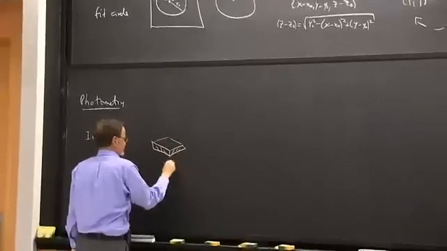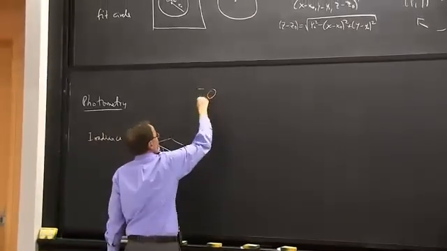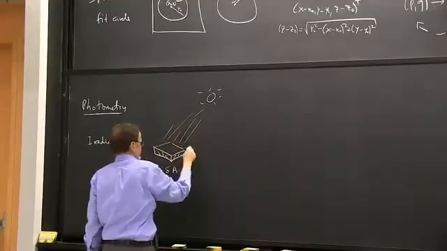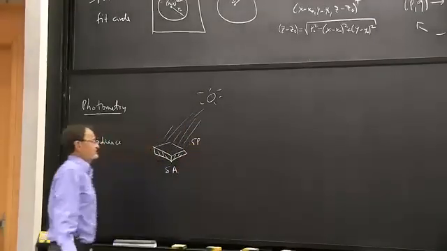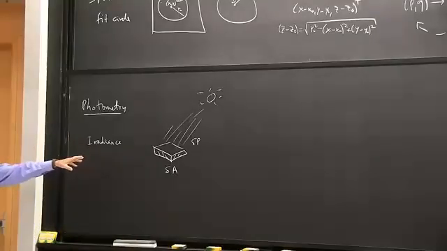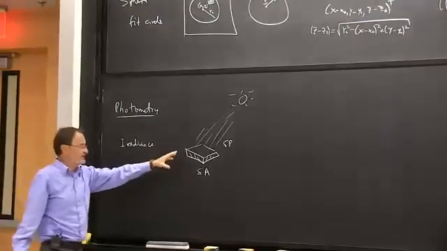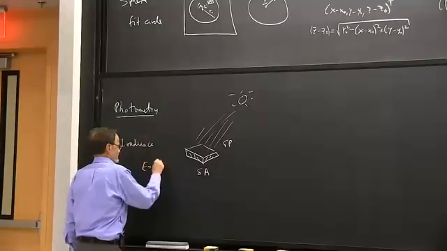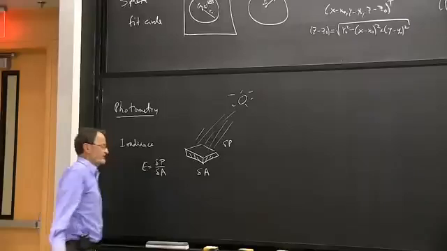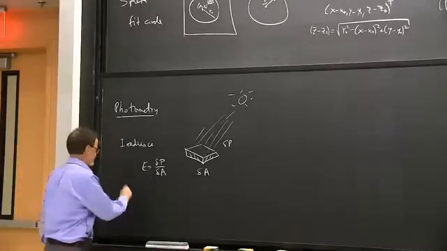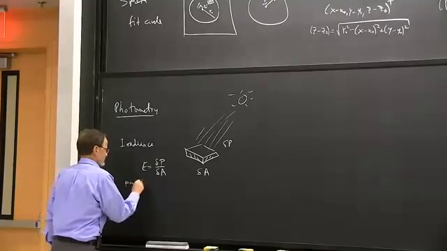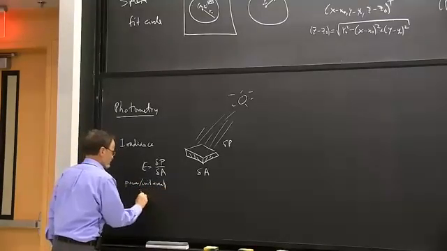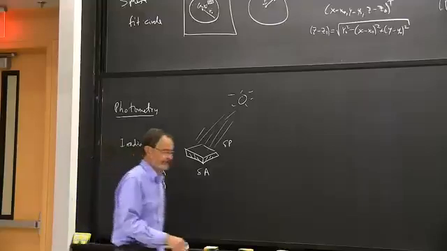Here's a patch of the surface of area delta A, and here's some light source, and there's a bit of the power emitted by that light source which is intercepted by the surface, and the irradiance is just the power per unit area. It's watts per square meter, if you like.